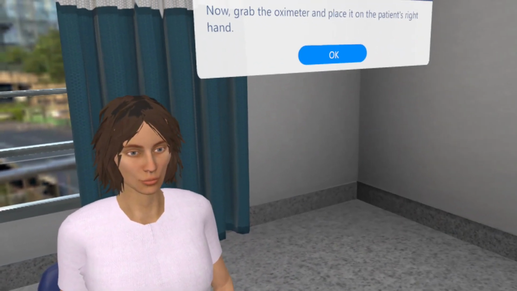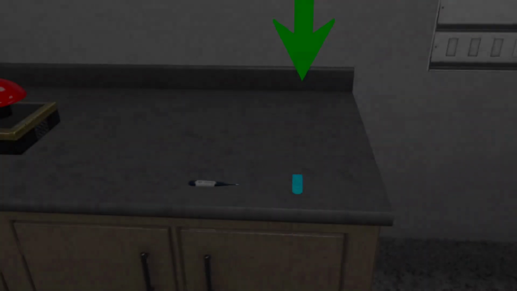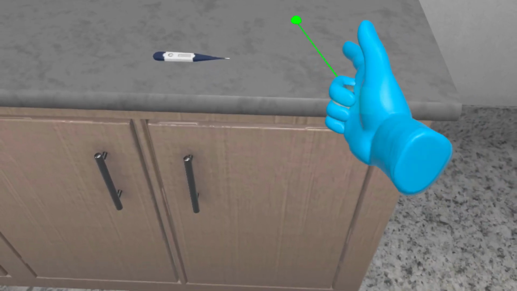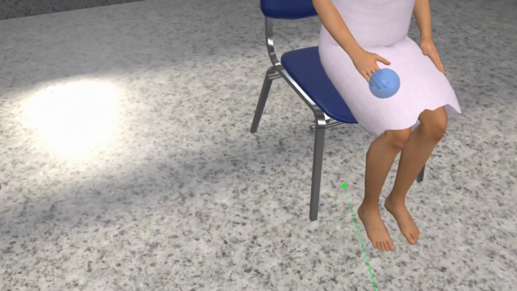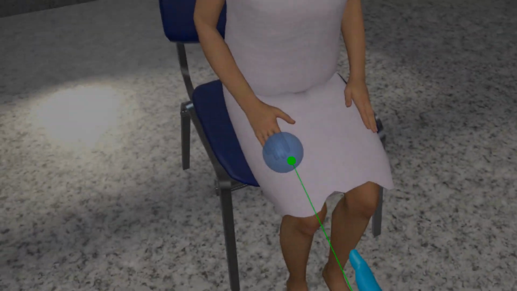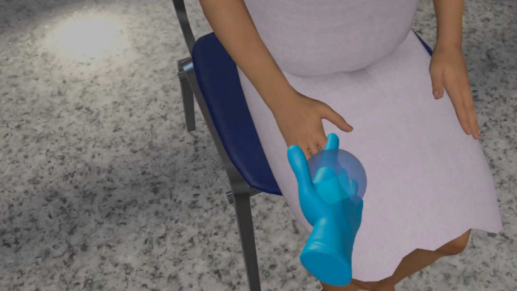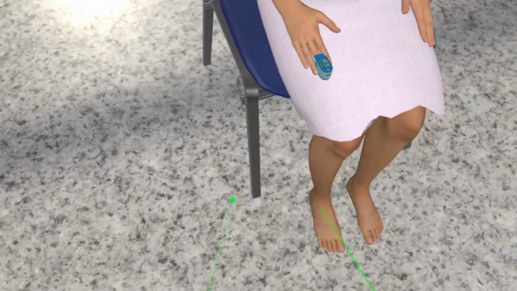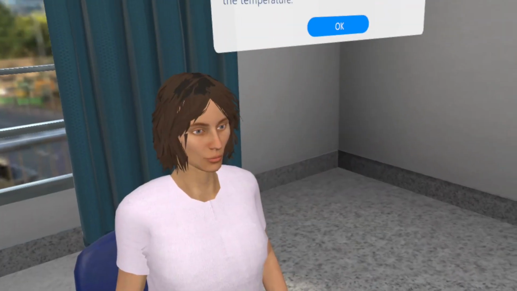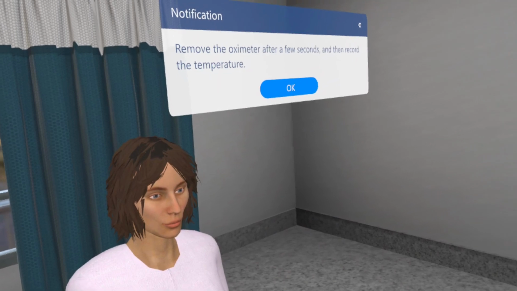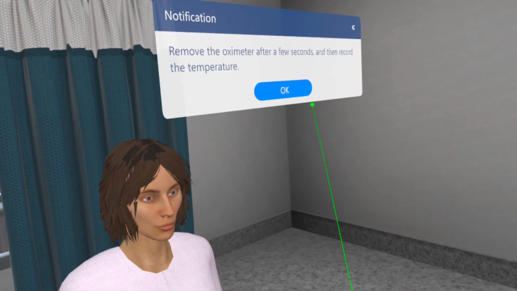Now, grab the oximeter and place it on the patient's right hand. Remove the oximeter after a few seconds, and then record the temperature.